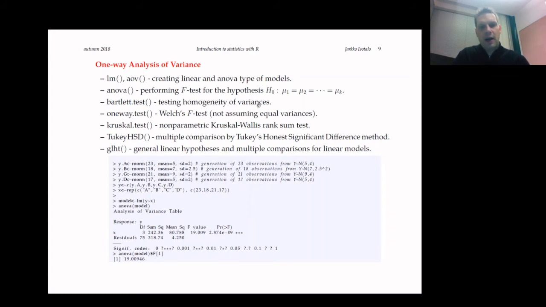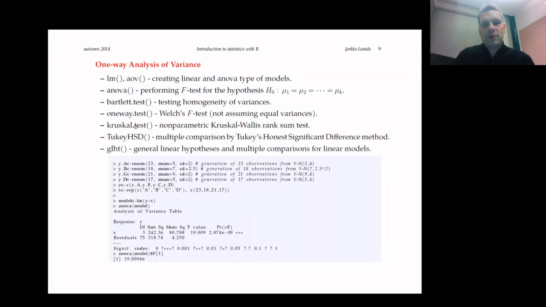There's an assumption that variances are equal in all subpopulations, and we can use a Bartlett test to test this homogeneity of variance. If it's not equal, then we can use the oneway.test function, which is a Welch type of F test, testing whether the population means are equal when we are not assuming equal variances.